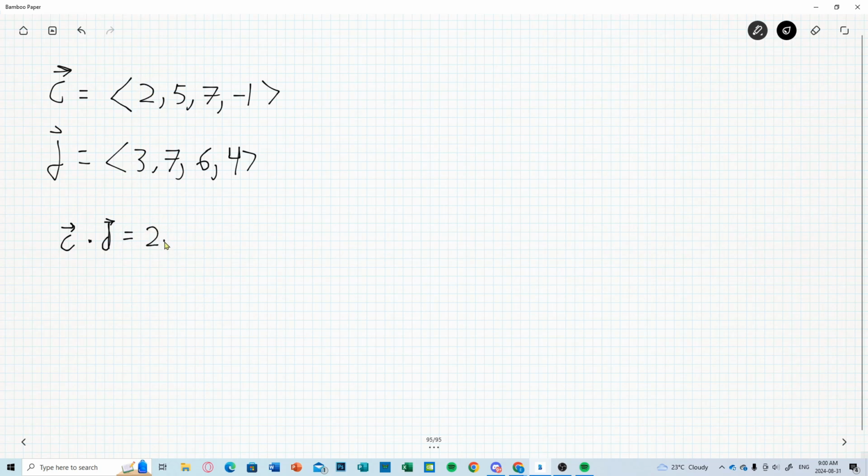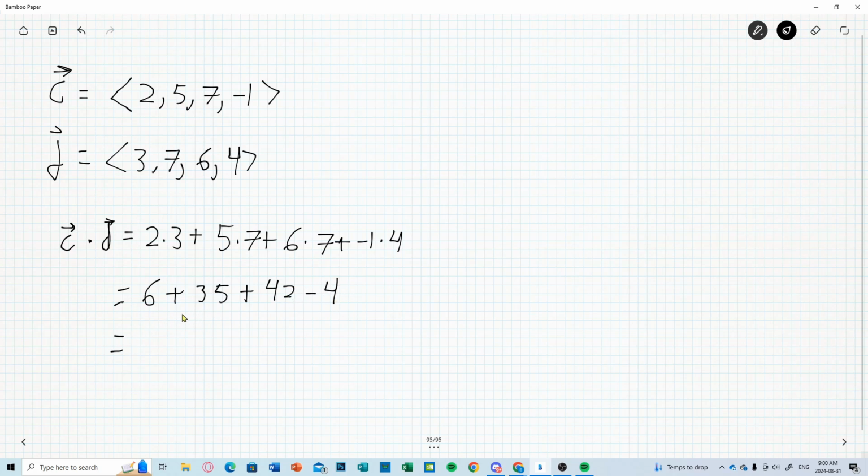So 2 multiplied by 3 plus 5 multiplied by 7 plus 6 multiplied by 7 plus -1 multiplied by 4, which gives us 6 plus 35 plus 42, and then minus 4. Put together, the dot product for this question is 79.